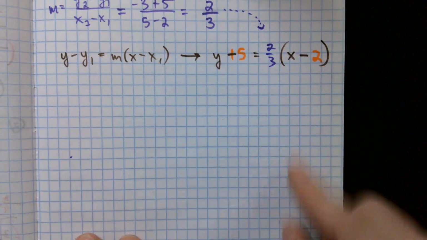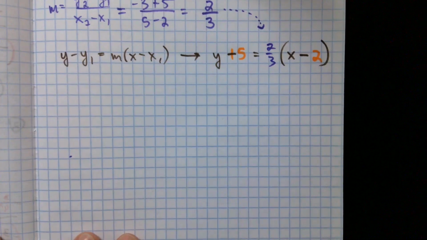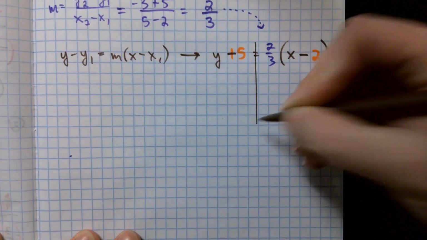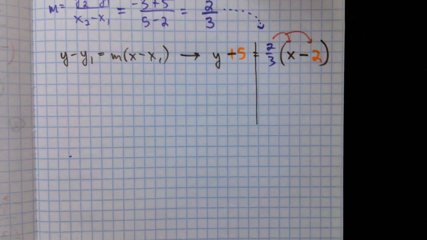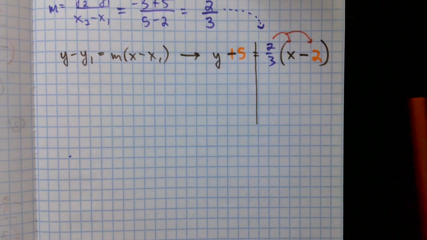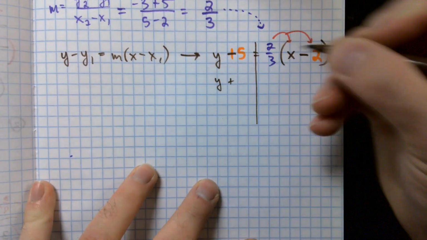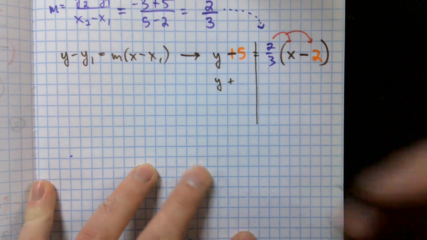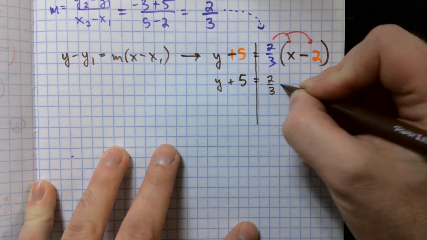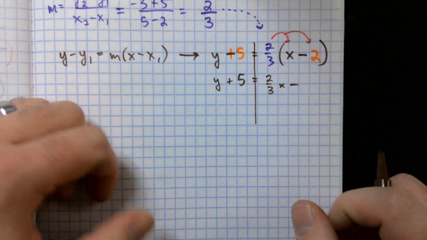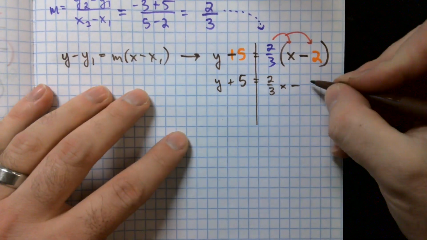Now I'm going to put this in standard. What's the first thing I would need to do again to put this in standard form? Distribute the 2/3. Hooray, we're going to have another fraction to break or bust. Guys, it's fine. You all know how to multiply. Y plus 5 equals 2/3 x minus, what's 2 times 2/3? 4/3.